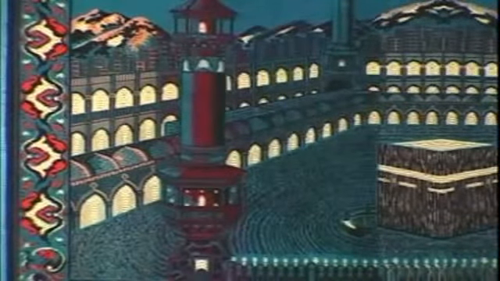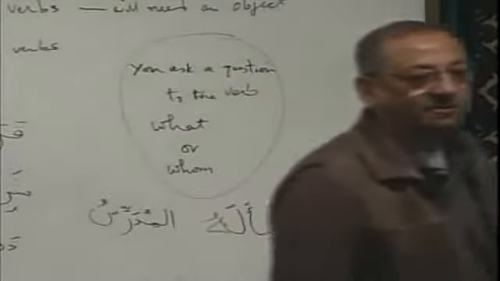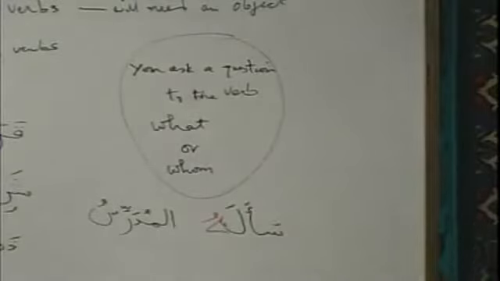See, Sa'alahu al-mudarrisu. Are you with me? Sa'alahu al-mudarrisu. Right. So then I write down here, Sa'alahu al-mudarrisu, and I take this off. Sa'alahu al-mudarrisu. Brothers and sisters, where is the verb?